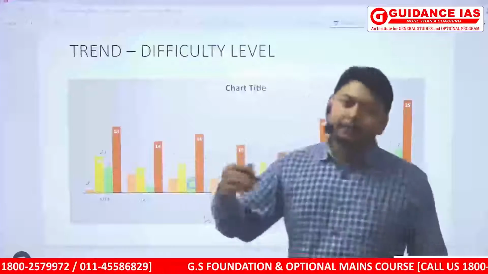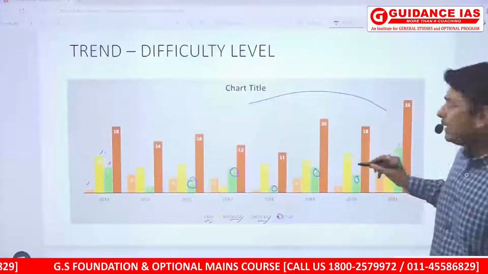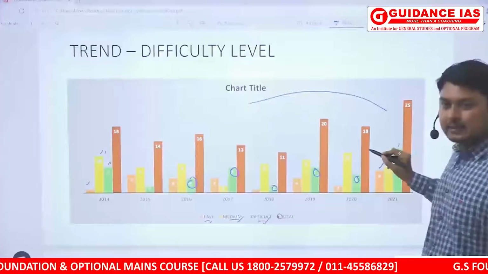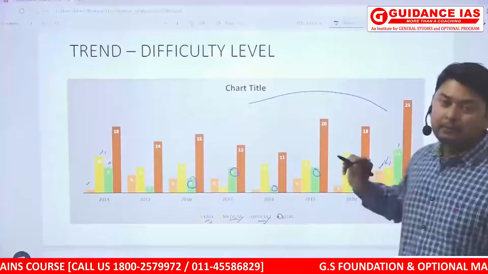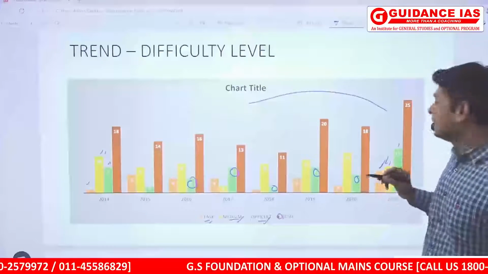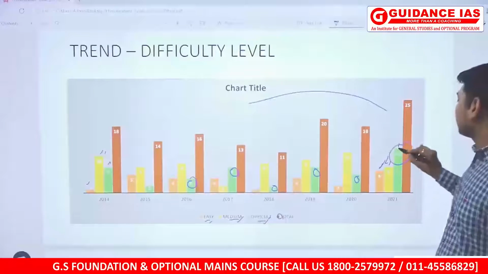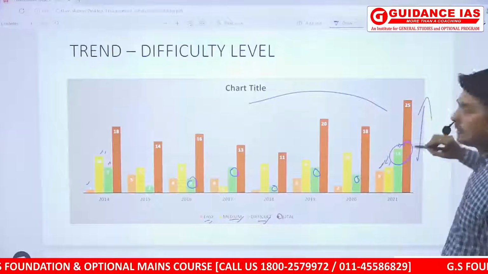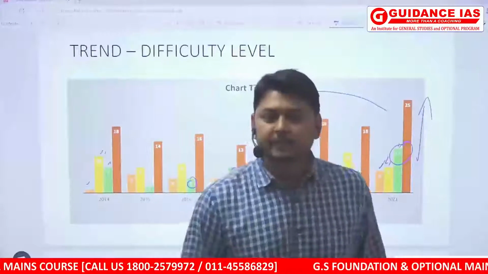Compared to 2021, easy questions increased to 6, medium questions were 7, but the difficult or tough questions that most students were unable to answer were almost 12. So there is a rise in the difficulty level of the environment subject.